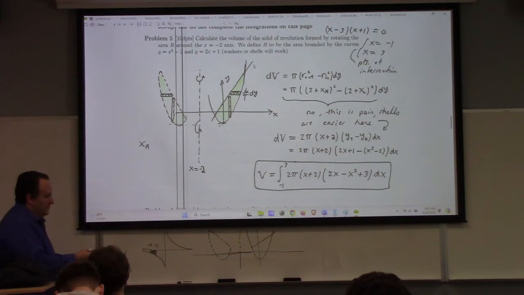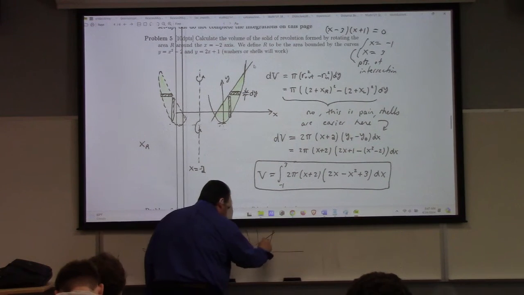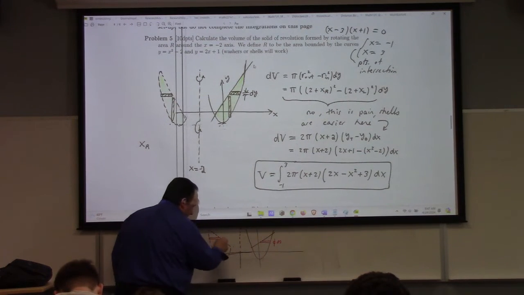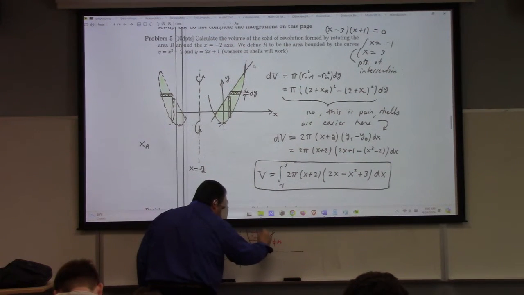Looking at the washer up here, the thickness would be dy, great. This is your R in and R out, right?